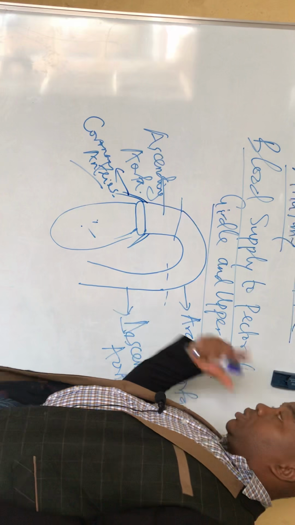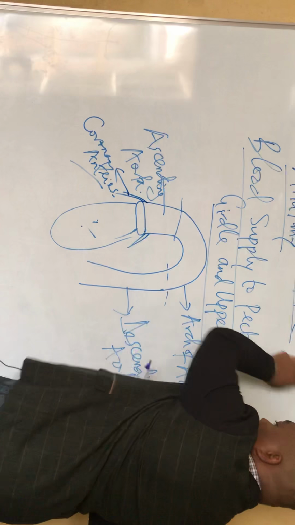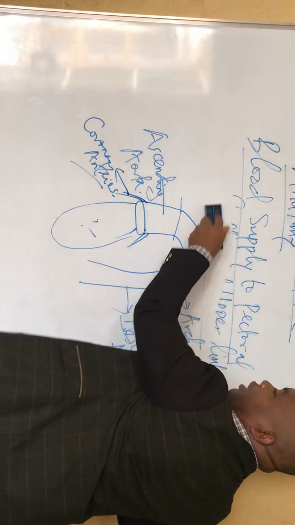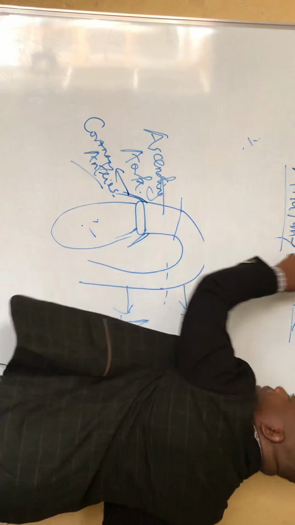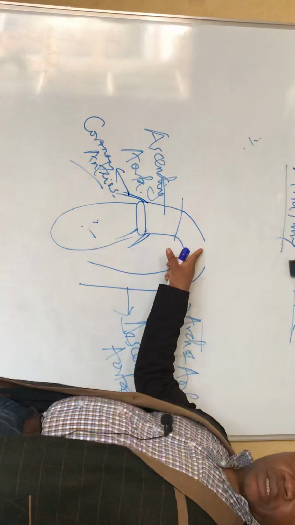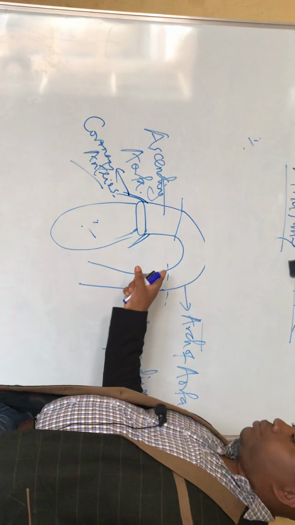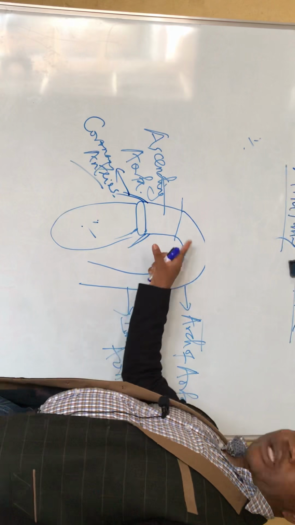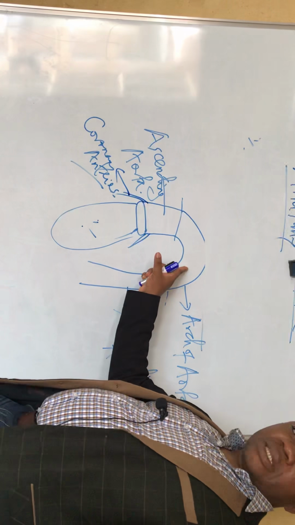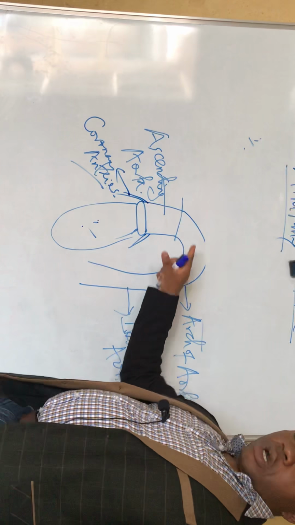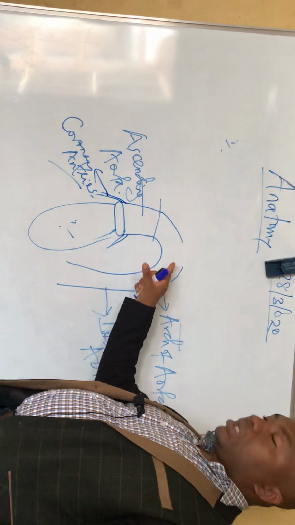The arch of aorta has three branches that come out from its superior aspect. The arch of aorta curves over the superior and posterior aspect of the upper part of the heart.